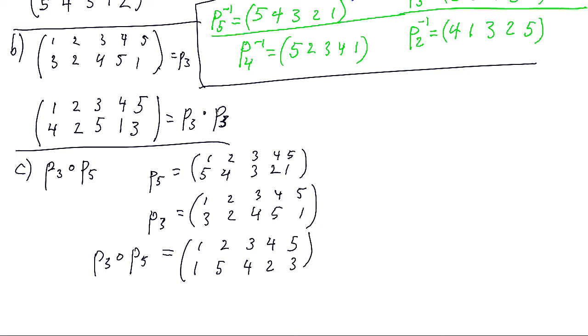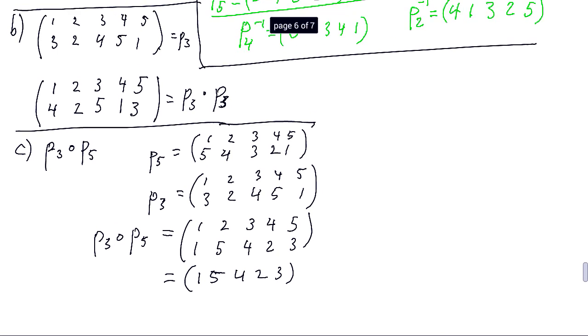Okay, so there's P3 composed with P5. And we can write this back in standard notation, 1, 5, 4, 2, 3. Or we could write it in cyclic notation if we wanted to. 1 goes to 1, so it's a fixed point. 2 goes to 5, which goes to 3, which goes to 4, which goes back to 2. So there's cyclic notation. I'll put a little C there for that.